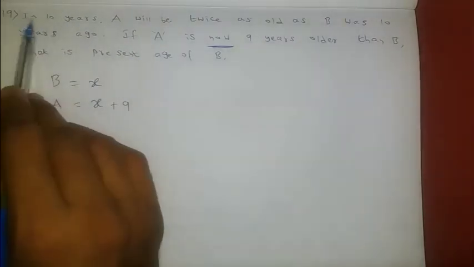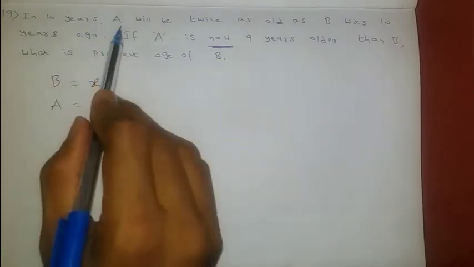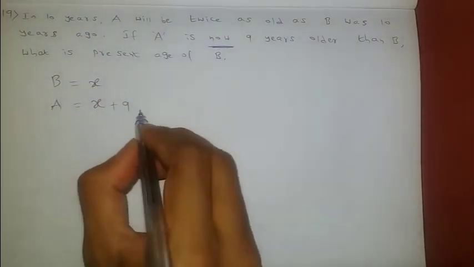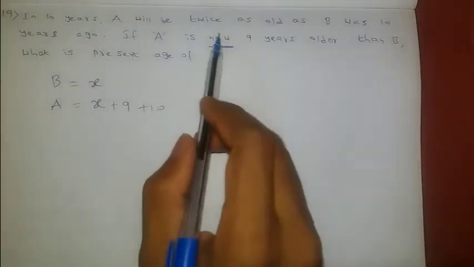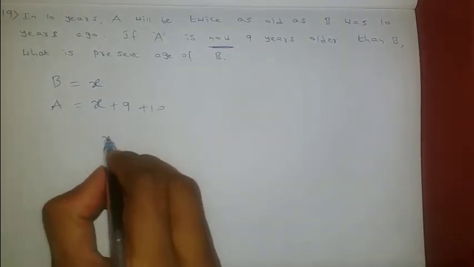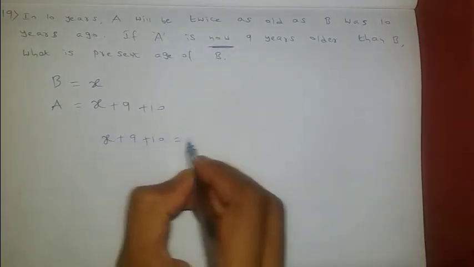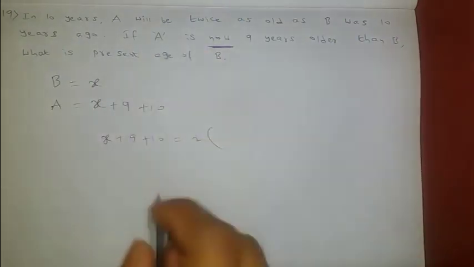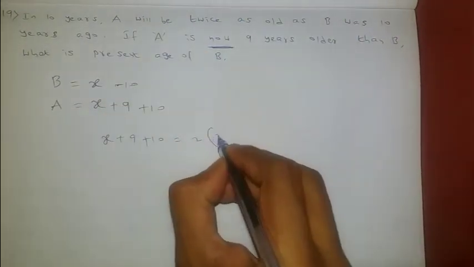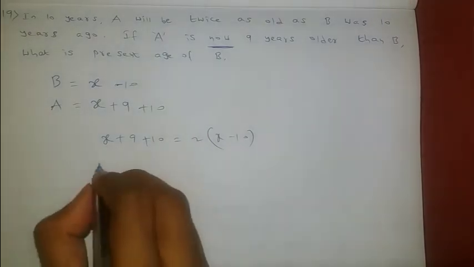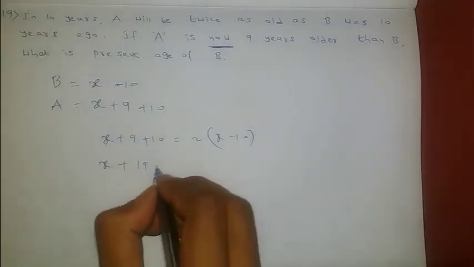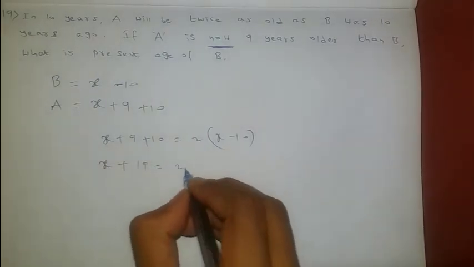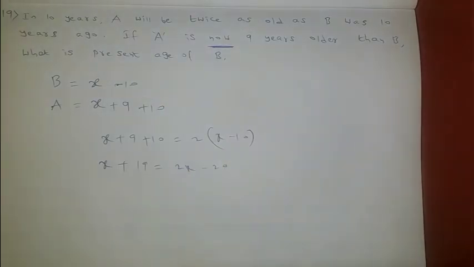Next, after 10 years, A will be twice as old as B was 10 years ago. So if we solve it, x plus 9 plus 10, that is x plus 19, is equal to 2 into (x minus 10), which is 2x minus 20.